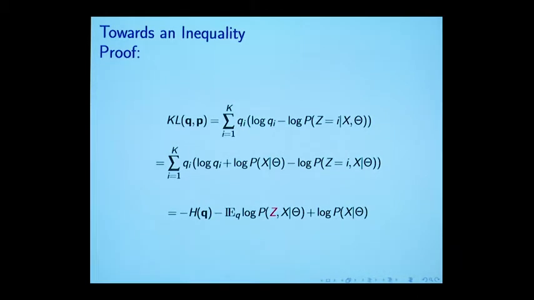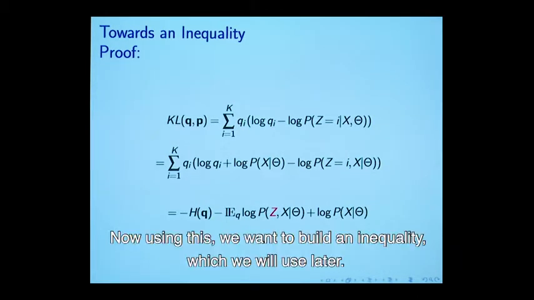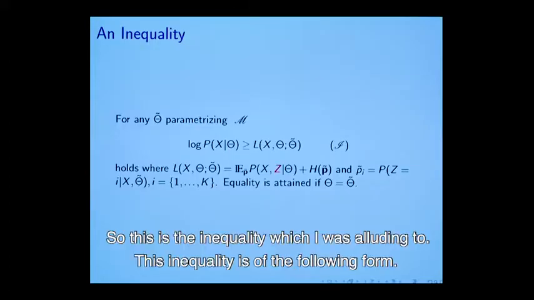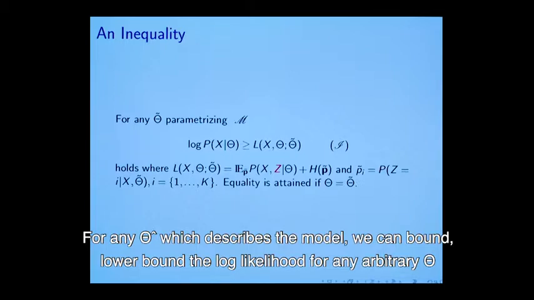Now, using this we want to build an inequality which we will use later, right. So, now this is the inequality which I was alluding to. The inequality is of the following form, right. For any theta hat, which describes the model, we can lower bound the log likelihood for any arbitrary theta.